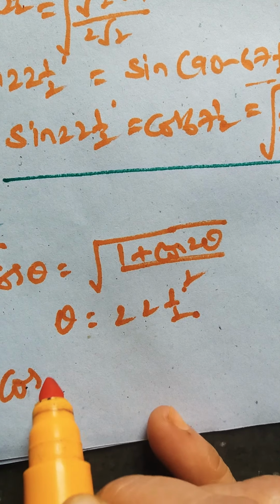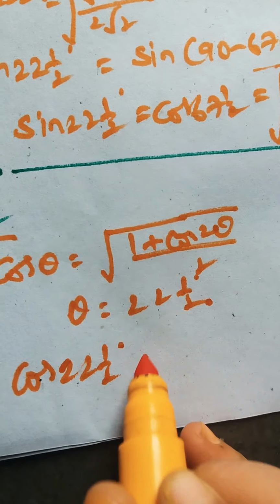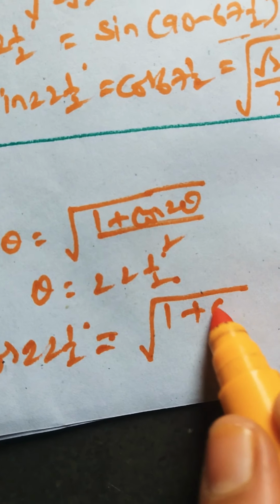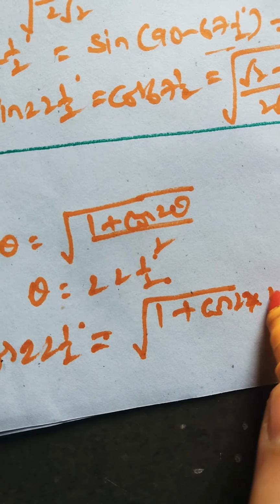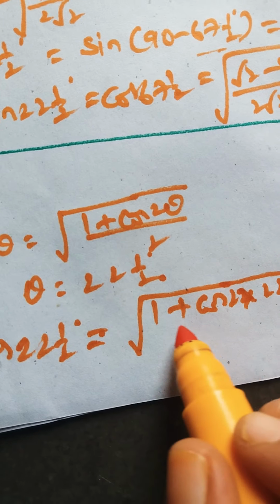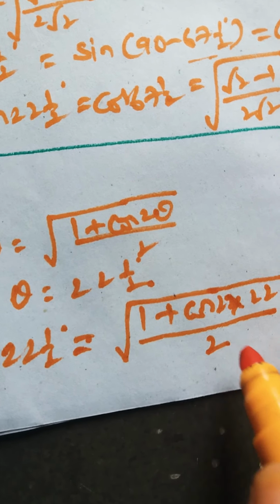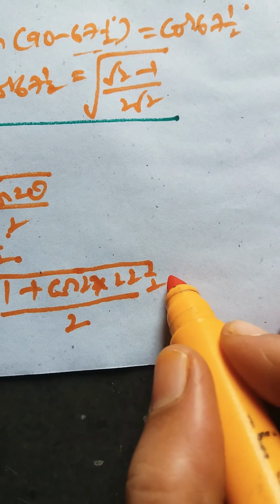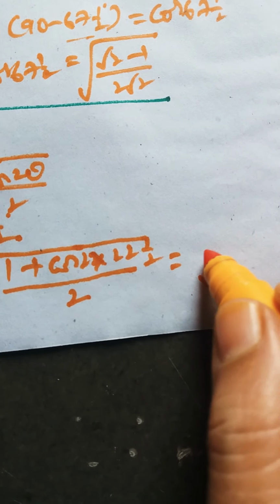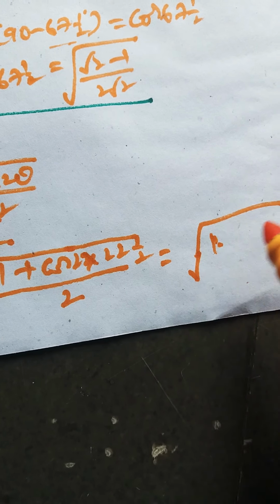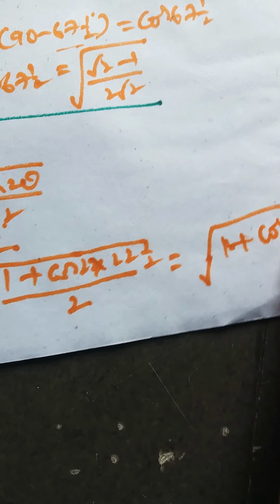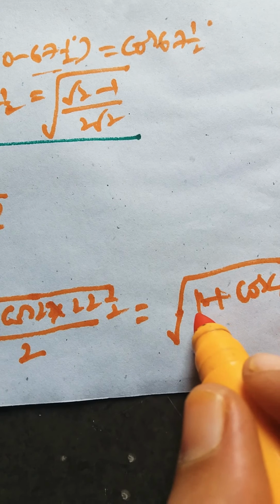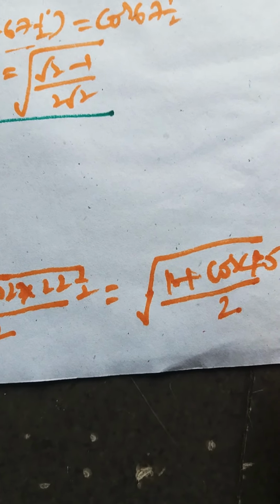We will get cos 22.5 degrees is equal to square root of (1 plus cos 2 into 22 and a half degrees) divided by 2. Now what is cos 2 into 22 and a half? Cos 45 degrees. So we get square root of (1 plus cos 45 degrees) divided by 2.